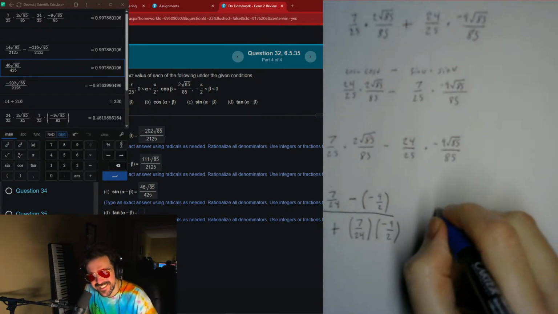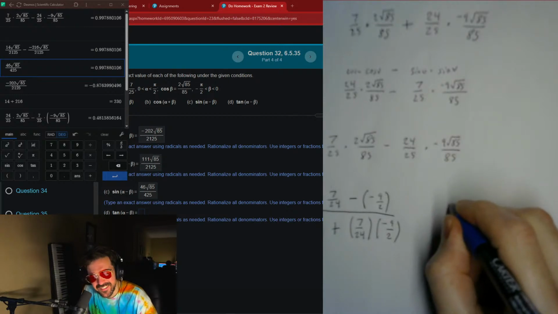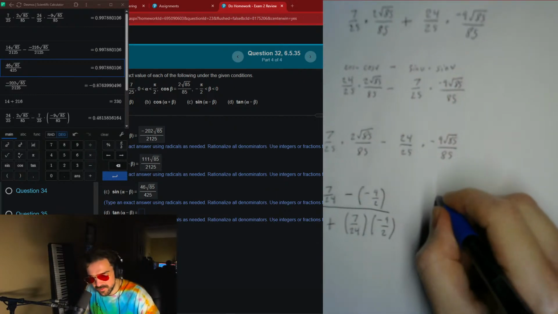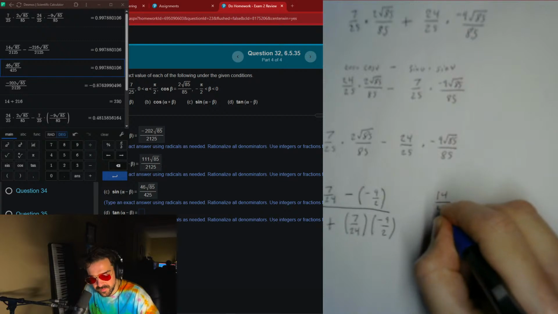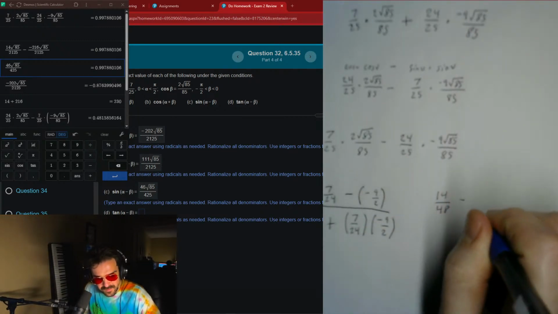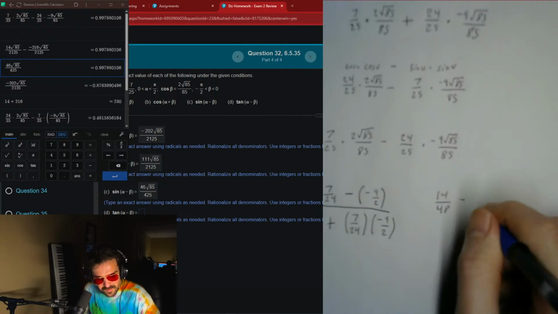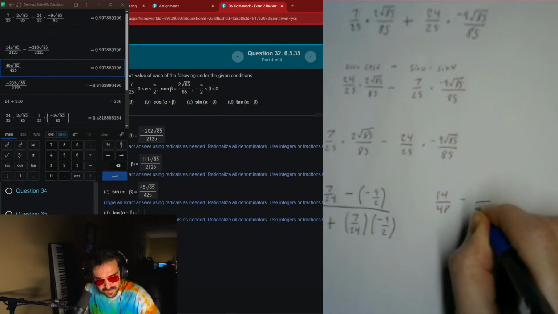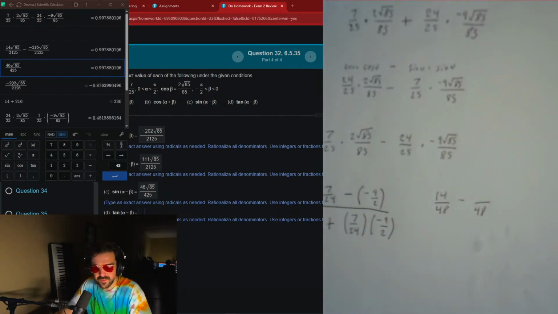The top turns into like 14 or 48 minus... it's -9 times 24.